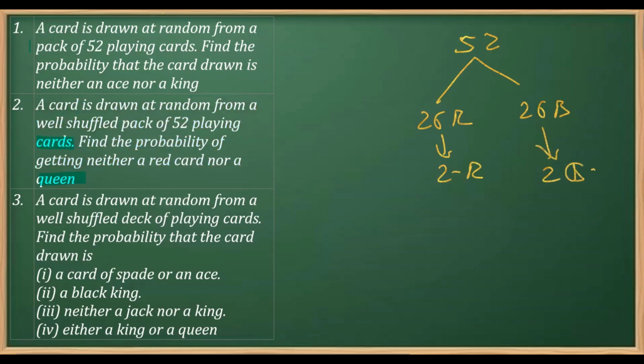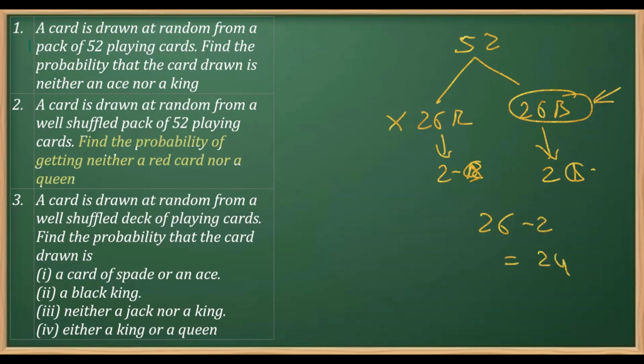Now let's read this question again: find the probability of getting neither a red nor a queen. It should not be red, so it has to be black. So I'll say black cards. That's 26. But from these black cards, we have to remove the 2 queens which are black in color.